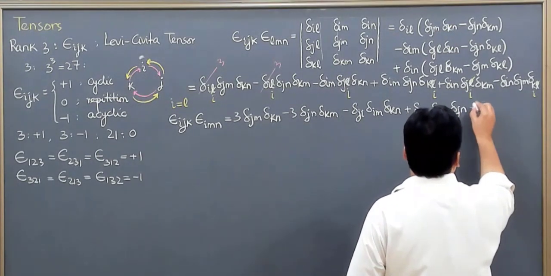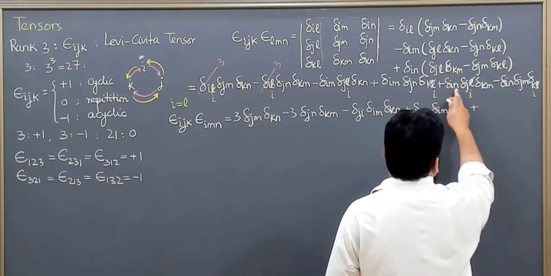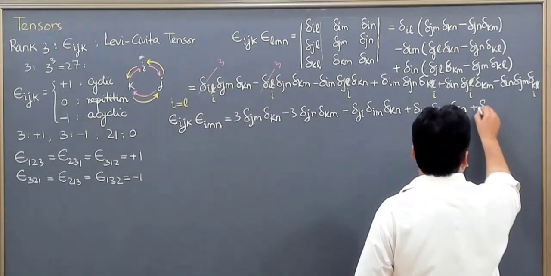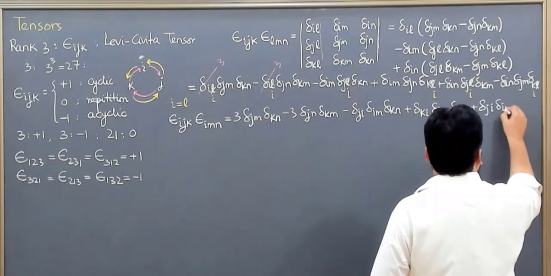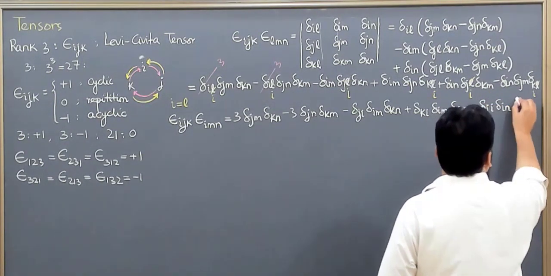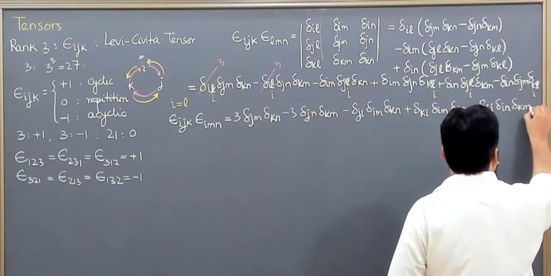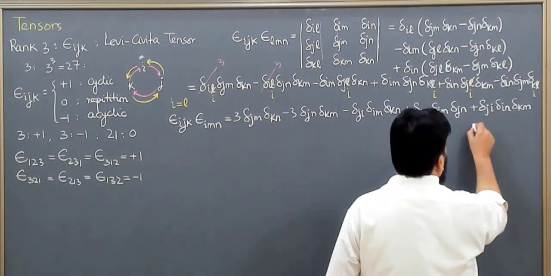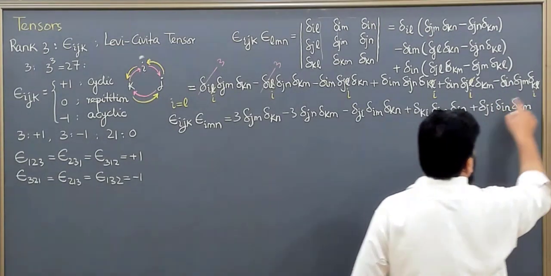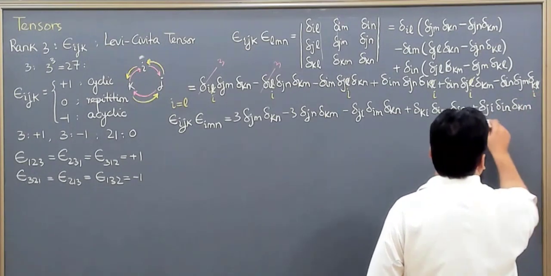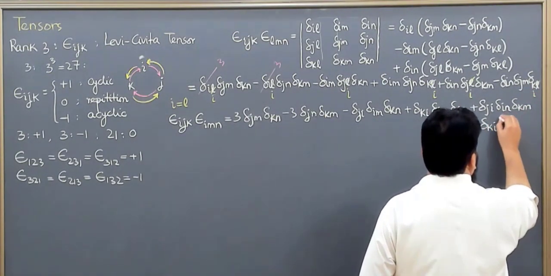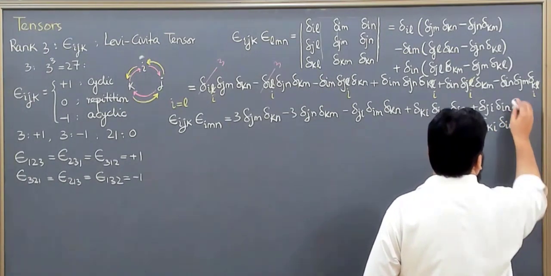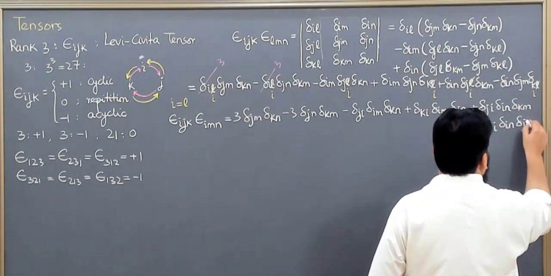Plus this one. This is IN and JI, so let me write JI first and then IN second and delta KM, and the last term is minus, this is delta KI, so I write it first, delta KI and delta IN delta JM.